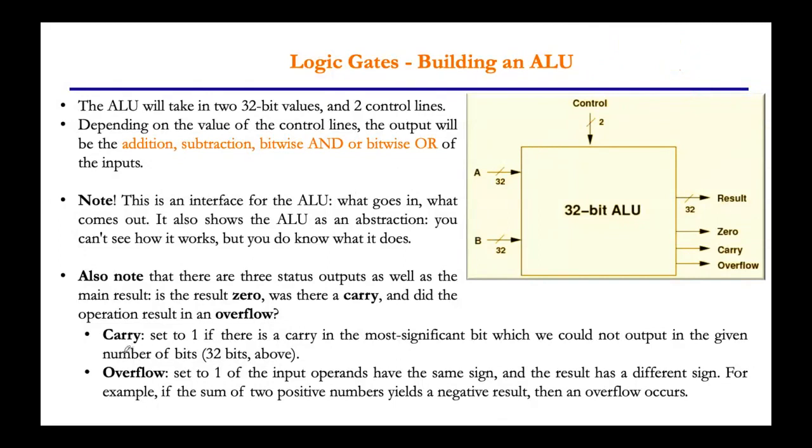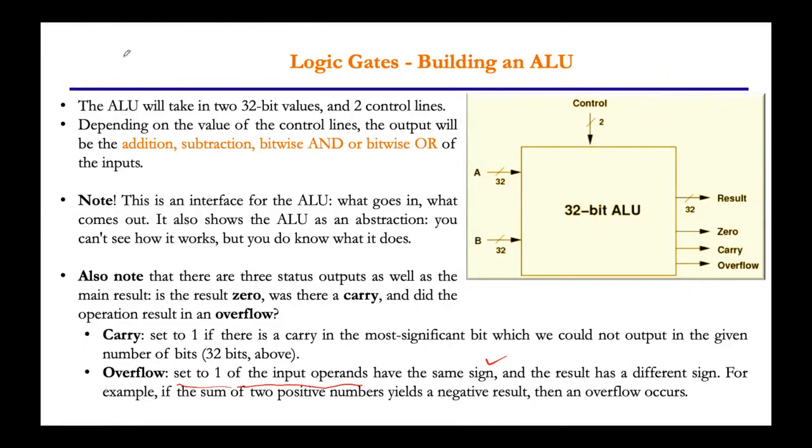So here it says that carry is set to 1 if there is a carry out of the most significant bit, which could not fit in the given 32 bits of the result. So that will be stored in carry. Overflow is set to 1 if the operands have the same sign and the result has a different sign.